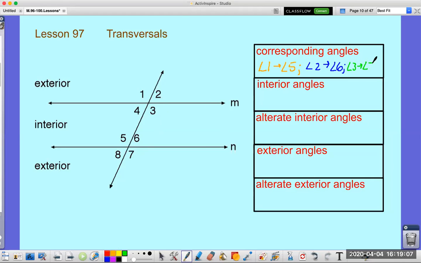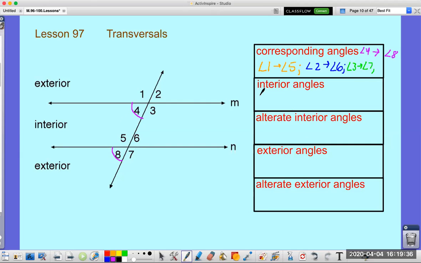Should be angle 7. What would be the corresponding angle to angle 4? So let me just put angle 4 right here. What would be the corresponding angle to angle 4? Angle 4, which one is it going to be? Is it going to be 5, 6, 7, or 8? 8. Angle 8.